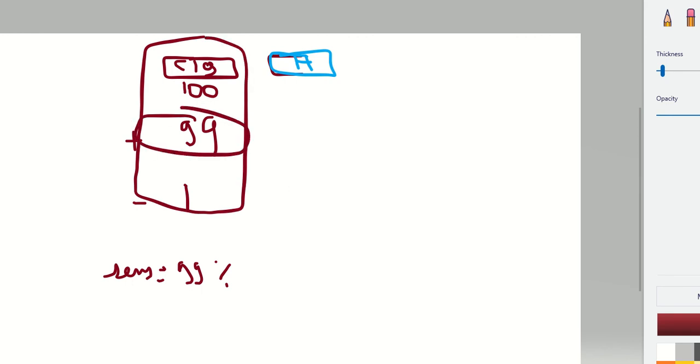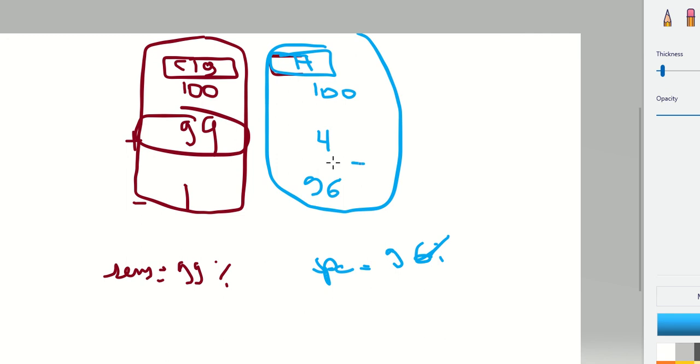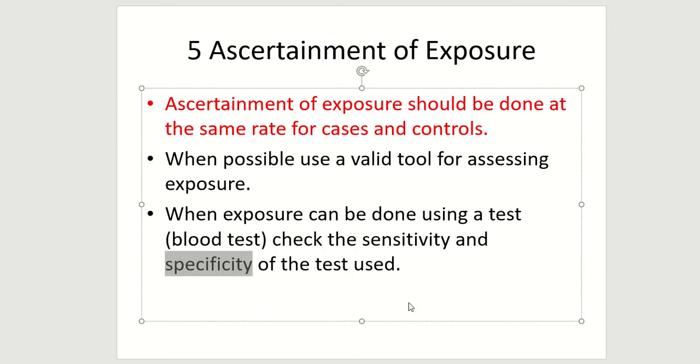And out of the healthy, let's say you start with 100 healthy, and out of the healthy, say 4 tested positive and 96 tested negative, we say that for this test, the specificity is 96%. So 96% specificity, meaning out of everybody who's healthy, how many actually tested negative. Okay, so that's sensitivity and specificity of certain diagnostic criteria or a test.